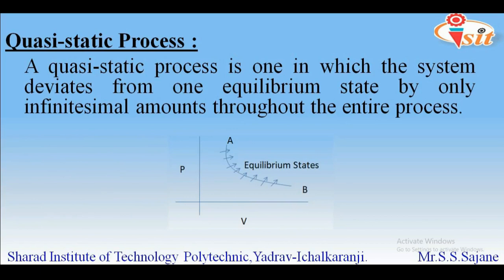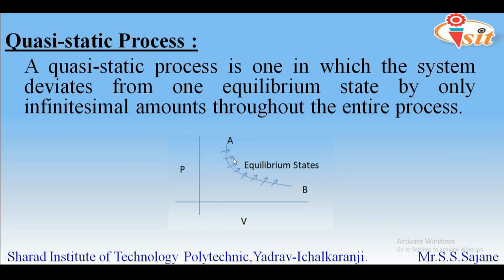We will see in this diagram that pressure versus volume axes are given. We can see that the system is changing from state A to state B. We call this curve a process, as we have seen in the previous slide. So here there is a change in state from A to B. Here we can see a number of arrows placed on this process.